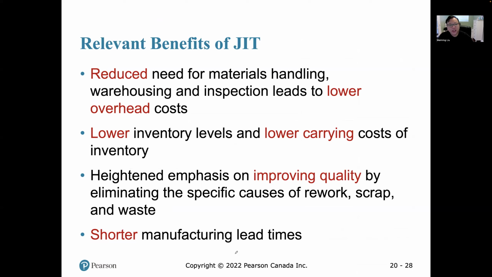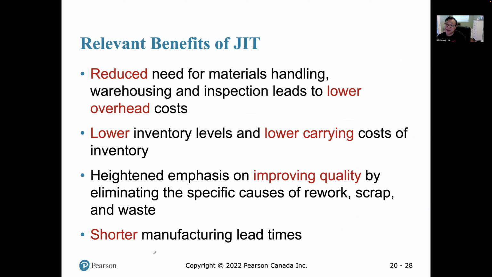So what's the benefit of just-in-time inventory management? It reduces the need for materials handling, warehousing, and inspection, which leads to lower overhead. You don't carry that much inventory, right? You don't have to move it around.